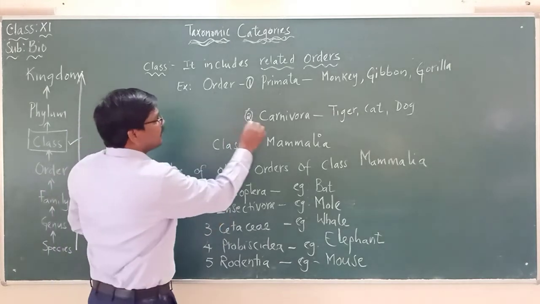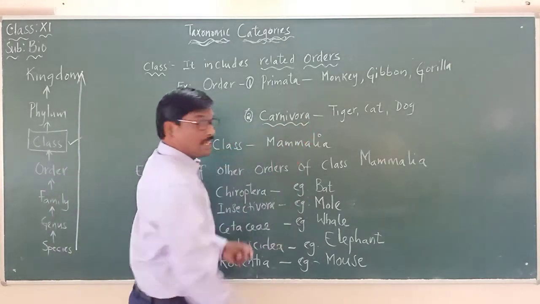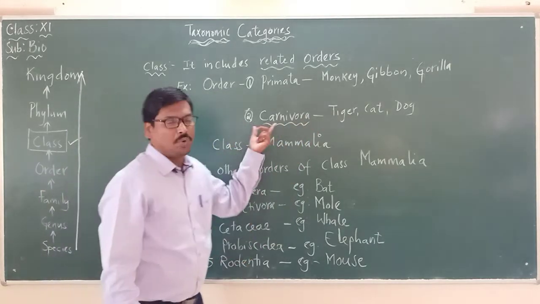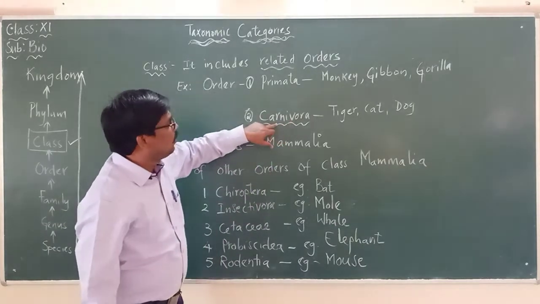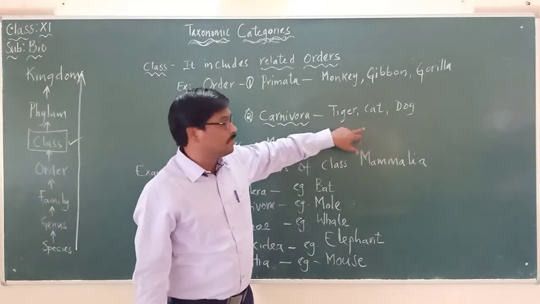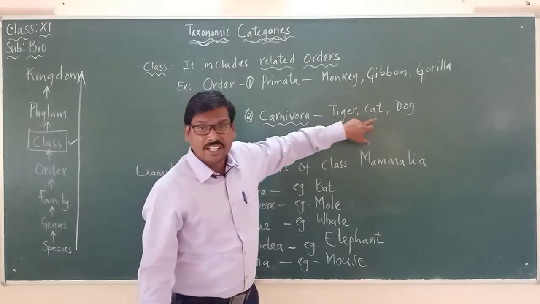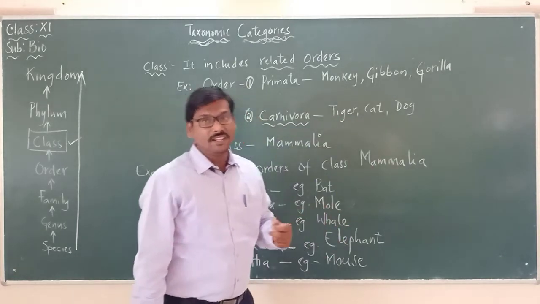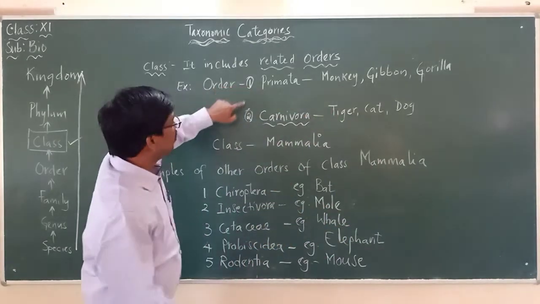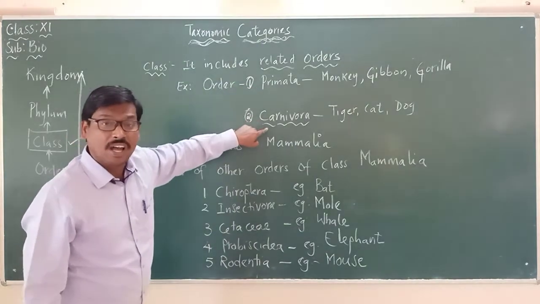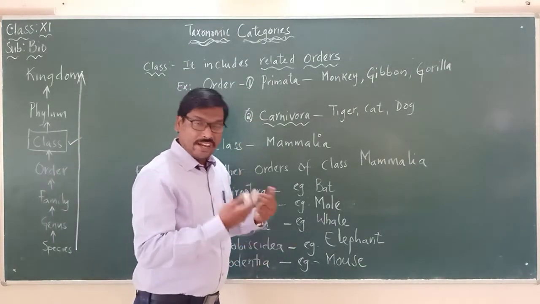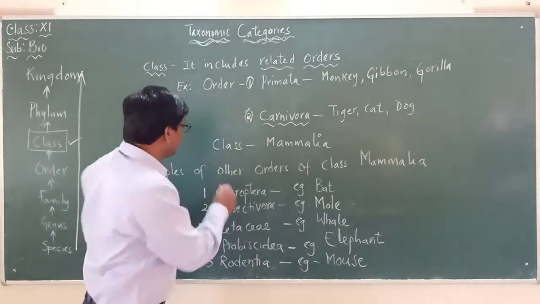In the same way, there is another order called Carnivora, in which we come across animals such as tiger, cat, and dog. Primata and Carnivora are different orders, and these two are placed in the class.